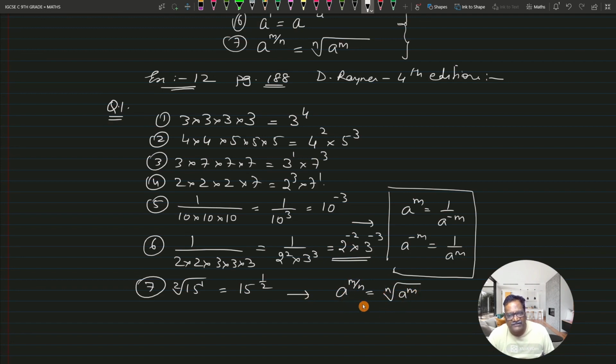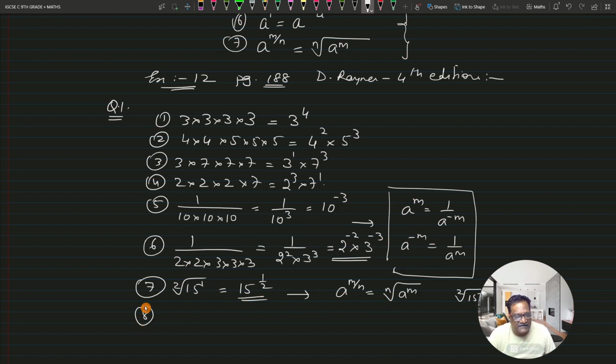This I have used. Okay. So here, see, I have used it in the reverse way. See, root of 15 means you have a 1 over here and you have a 2 over here. So this can be written as 15 raised to this 1 upon 2, isn't it? So that is how I have written this, 15 raised to 1 upon 2.